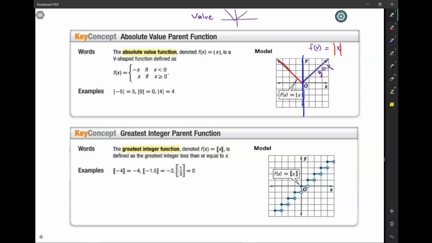Y equals negative x. So it's actually y equals negative x when x is less than 0, and then it's y equals positive x when x is greater than or equal to 0. And I can write that together. And so absolute value is actually a piecewise function.